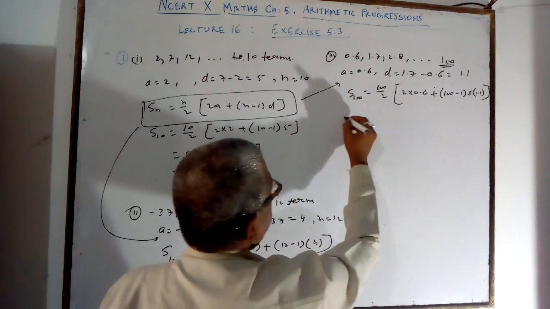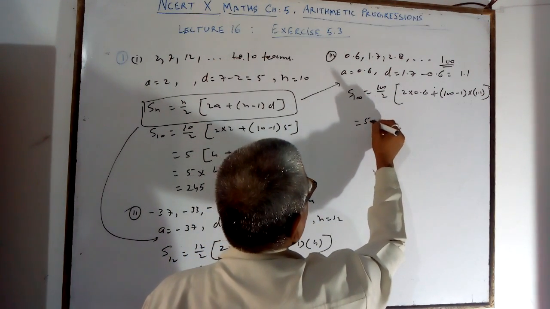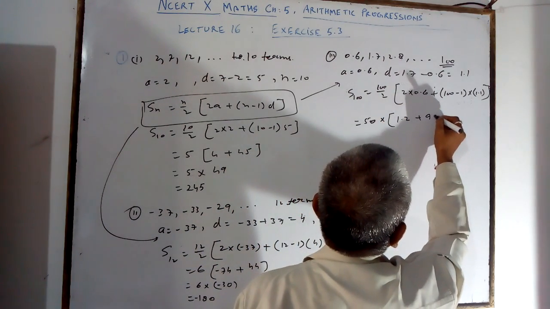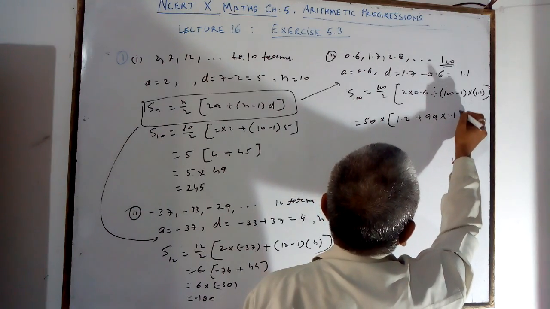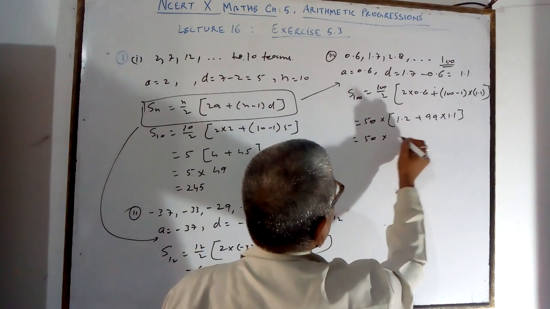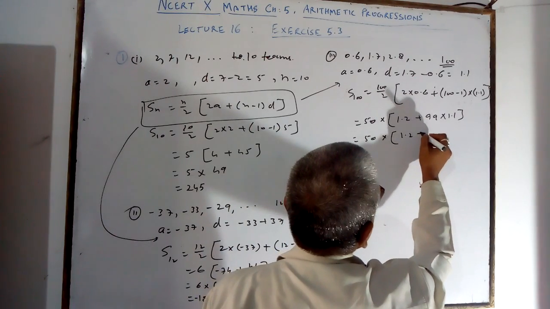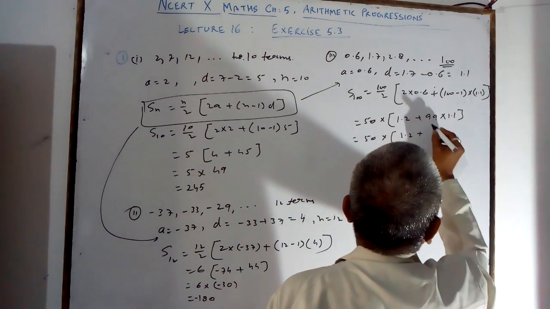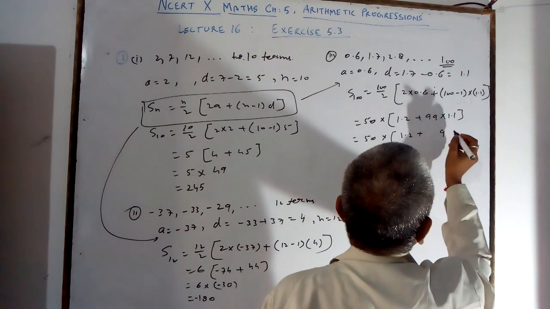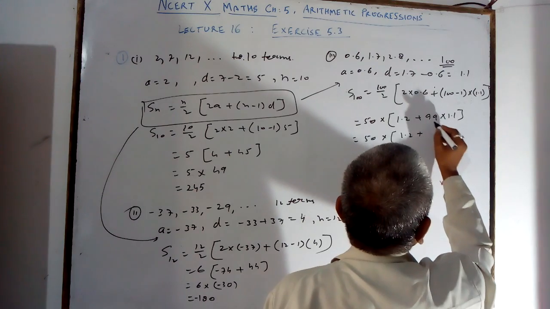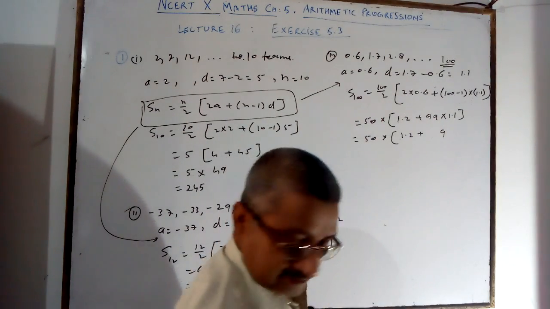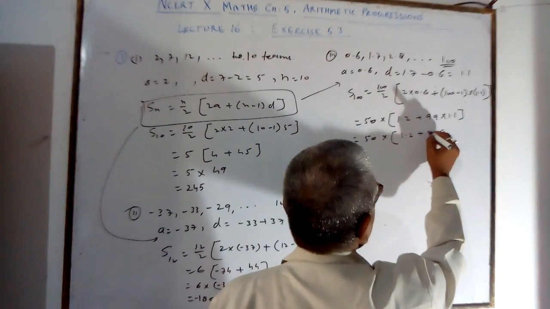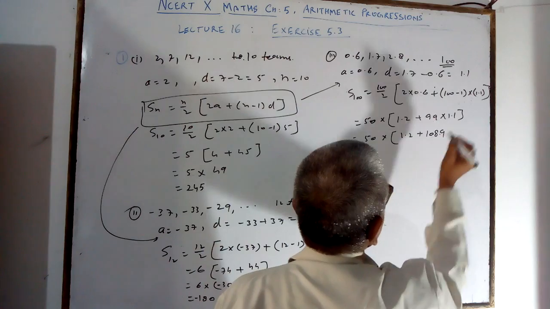So it is equal to 50 times (1.2 plus 99 into 1.1). 99 times 1.1 is 108.9, one decimal place.